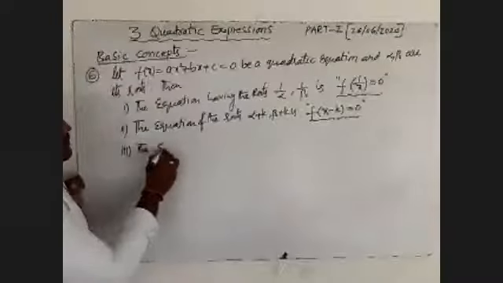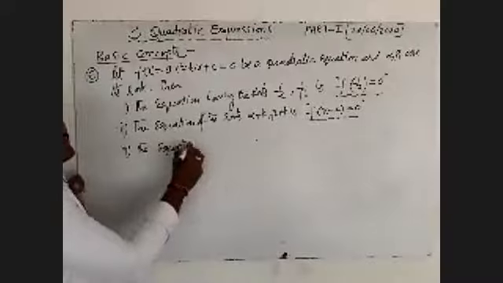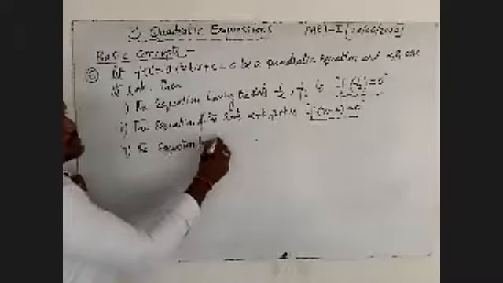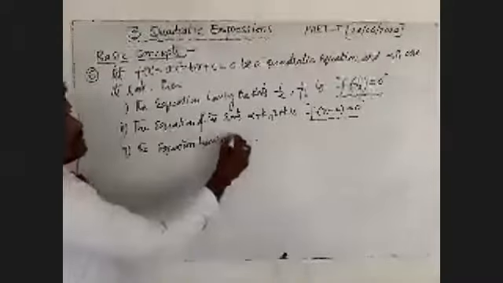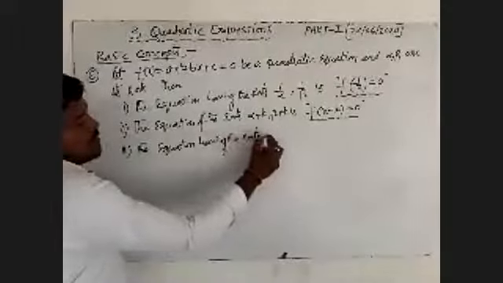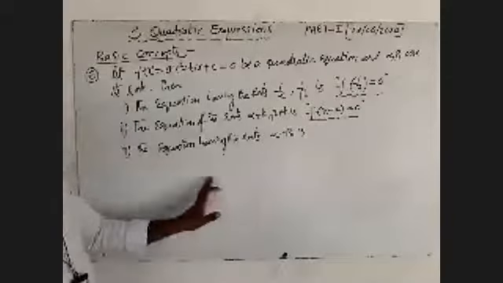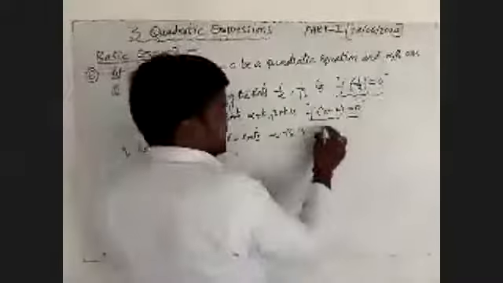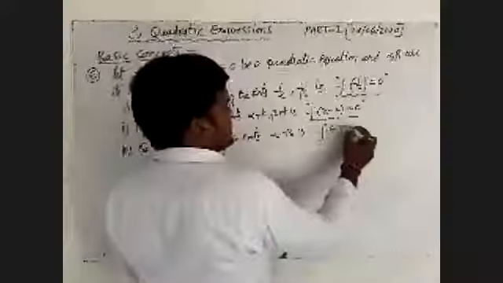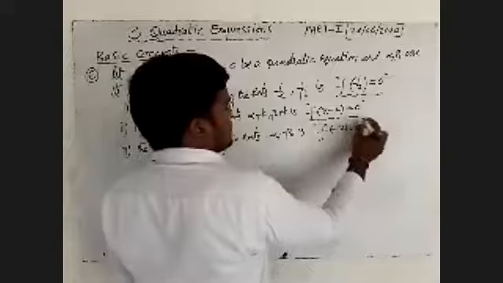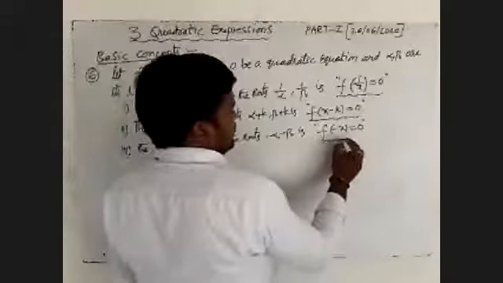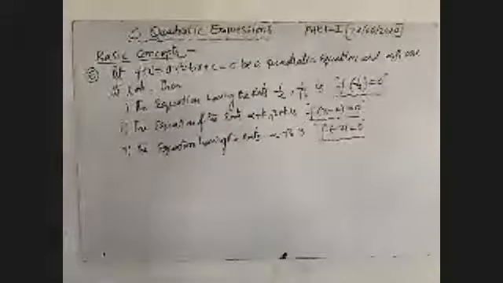The equation having the roots minus alpha comma minus beta is f of minus x is equal to 0.